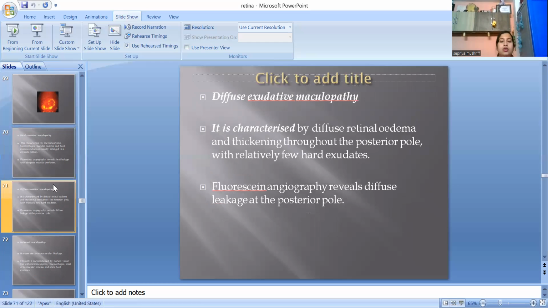Now, the diffuse exudative maculopathy is characterized by diffuse retinal edema and thickening throughout the posterior pole with relatively few hard exudates. Fluorescein angiography reveals diffuse leakage at the posterior pole. Hence, the treatment of diffuse macular edema is macular laser: focal laser for focal maculopathy, grid laser for diffuse maculopathy.